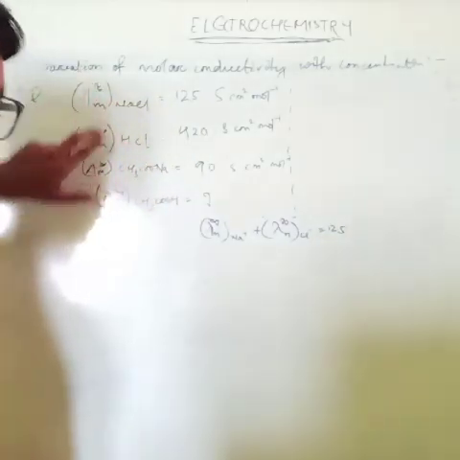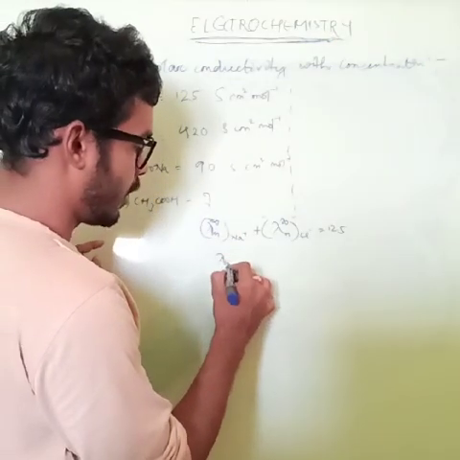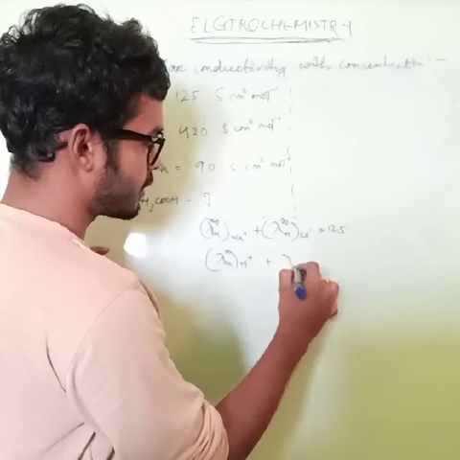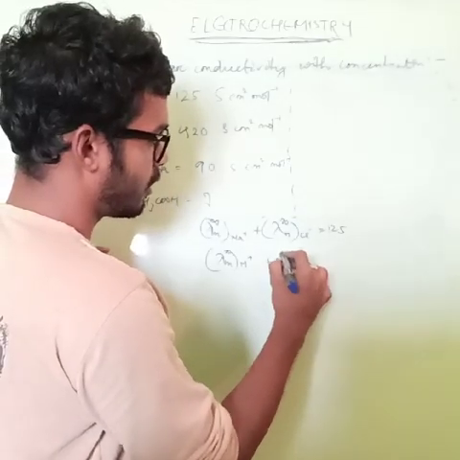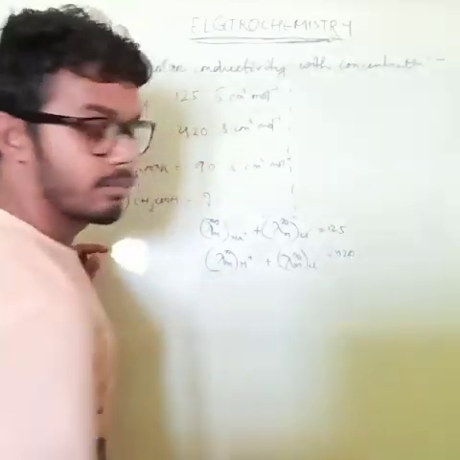Yes or no? Yes. For HCl, lambda m at infinite dilution of H plus plus lambda m at infinite dilution of Cl minus is given as 420.